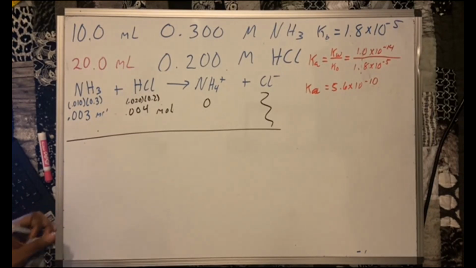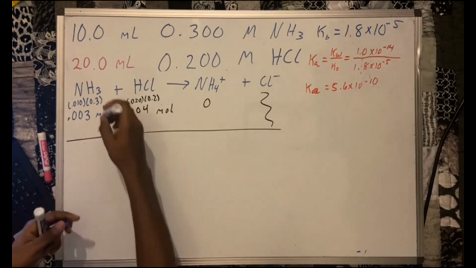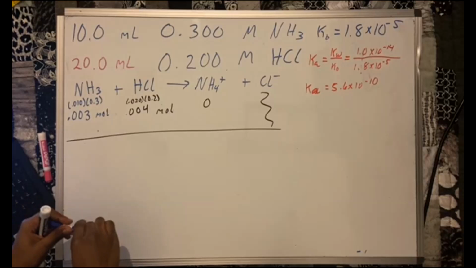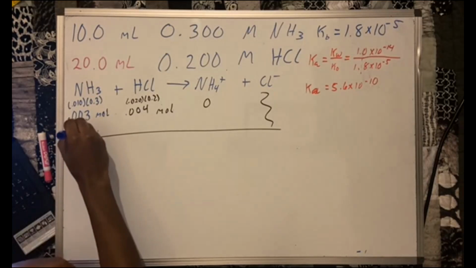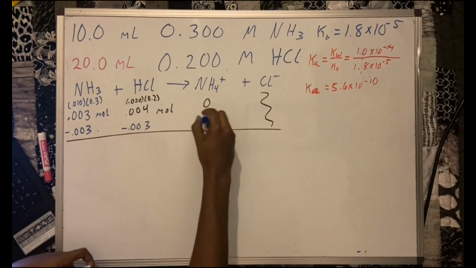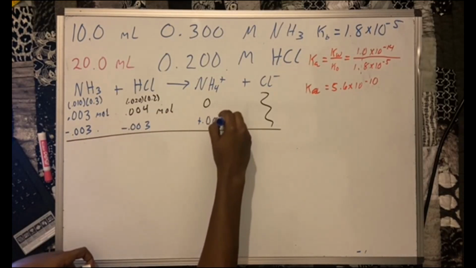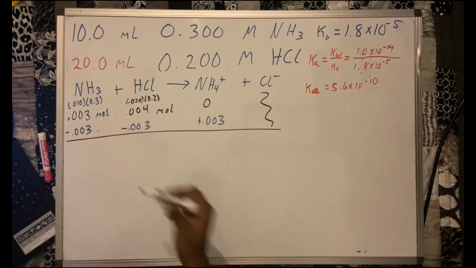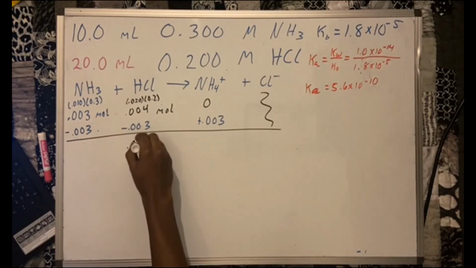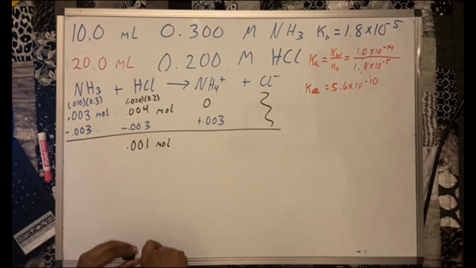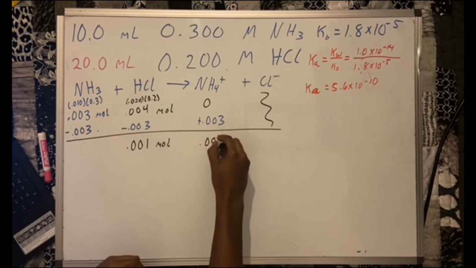So I subtract the smallest one. So now I have this 0.003. This 0.003 is my limiting. So minus 0.003, minus 0.003, and then plus 0.003. Okay, so now I get 0.001 moles of this guy, and then 0.003 moles of that guy.